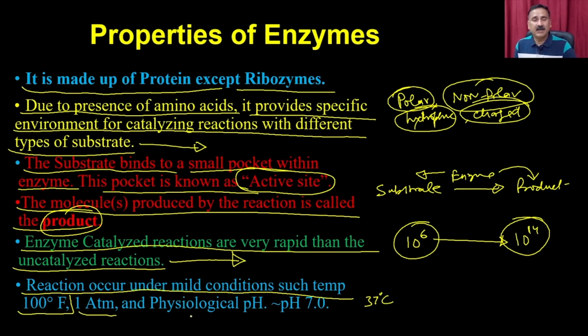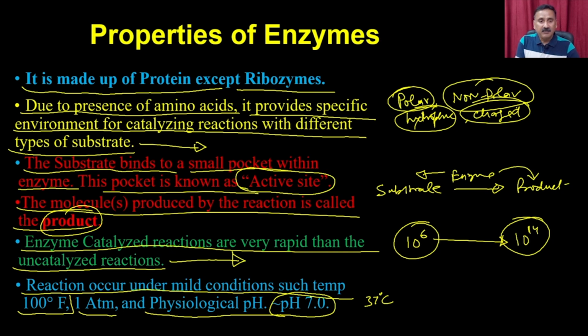Many times in the chemistry lab people work with very different pH and other conditions, but you cannot work under those conditions here, because the physiology does not allow you to go beyond a certain range of pH. You can be a little bit different from 7.4, but mostly it is going to remain at 7.4, right?